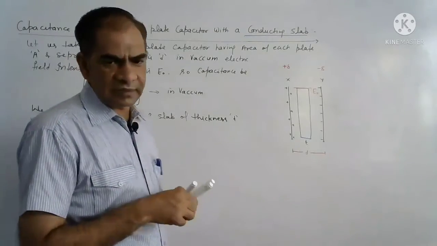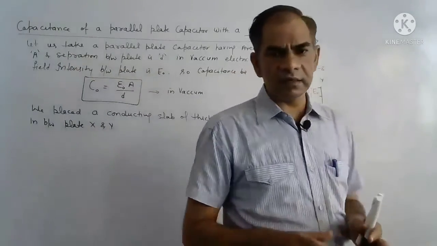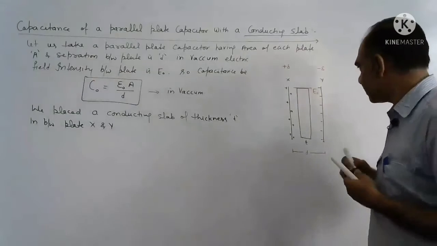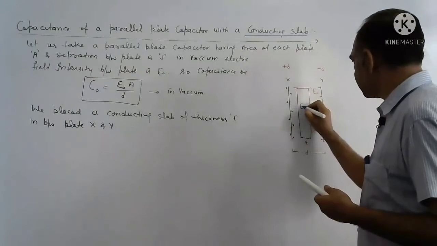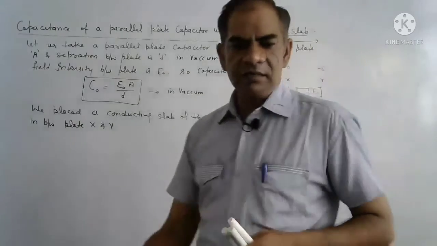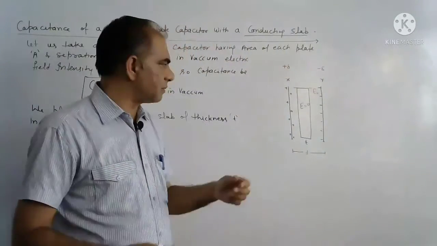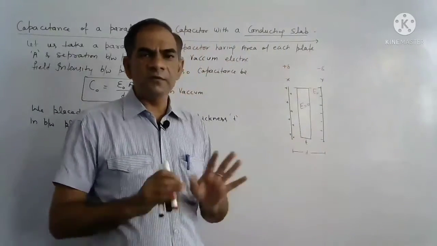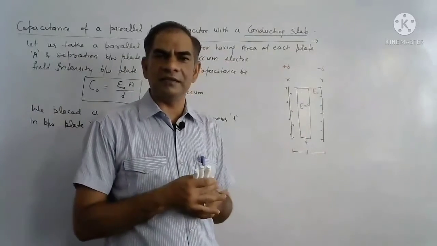The property of a conductor is that the electric field inside the conductor is zero. Here the electric field is zero, meaning the space occupied by this conducting slab is free of electric field intensity.